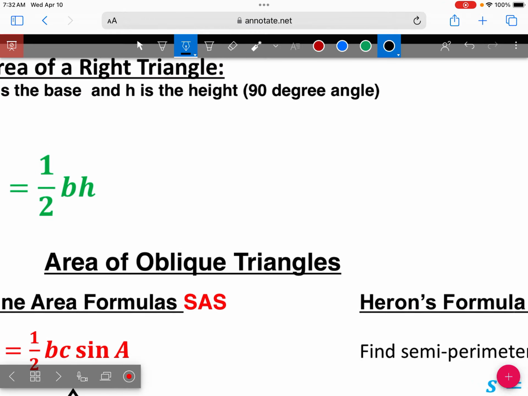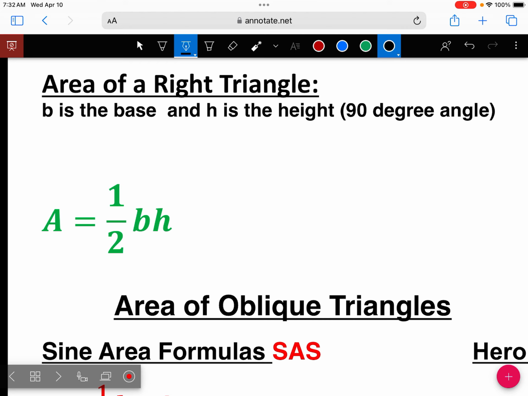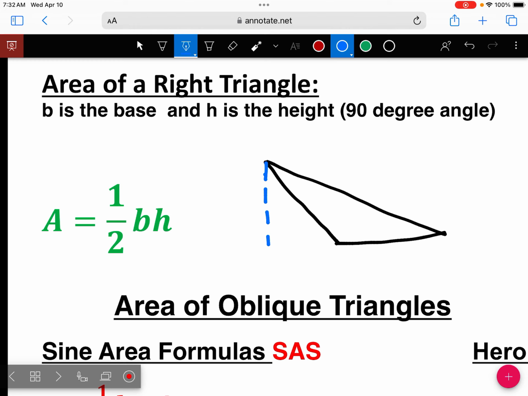So let me zoom into this first one. You can go ahead and fill that in. That's the one that you all gave me, which is the one that I thought you would give me, because that's the one that you learned back in middle school. Area equals 1/2 base times height. I'm gonna try to draw an obtuse triangle. For this triangle, the height is always connected to a 90-degree angle, and that 90-degree angle could be outside of the triangle.